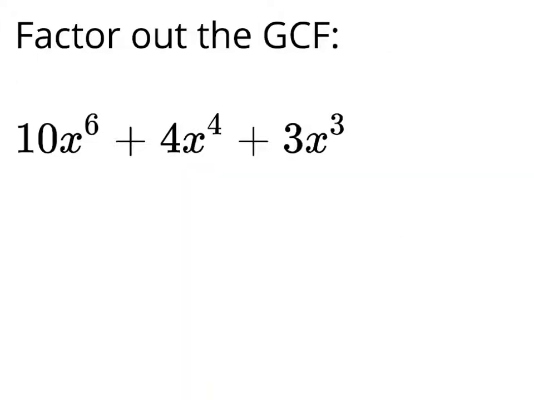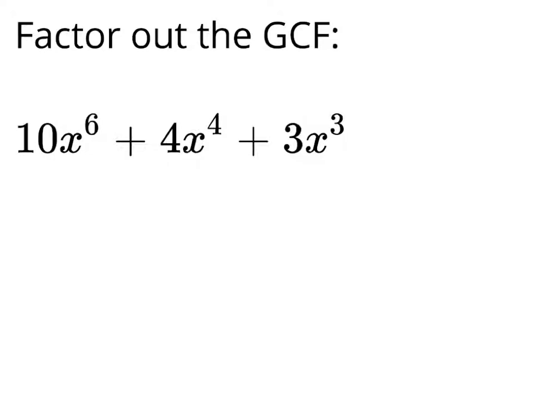So let's start with this trinomial, 3 terms. It is in descending order with degrees of 6, 4, and 3, which is great. I'm just going to do this at its very most basic form.